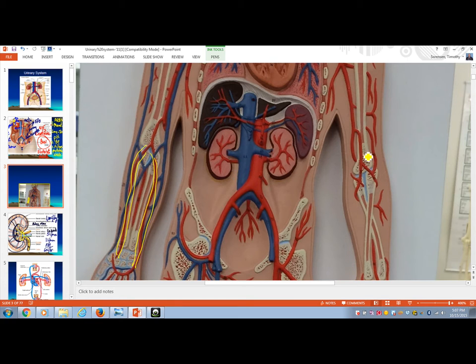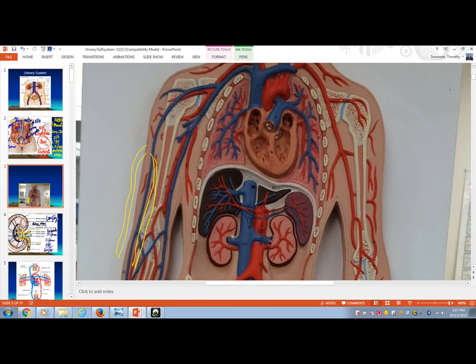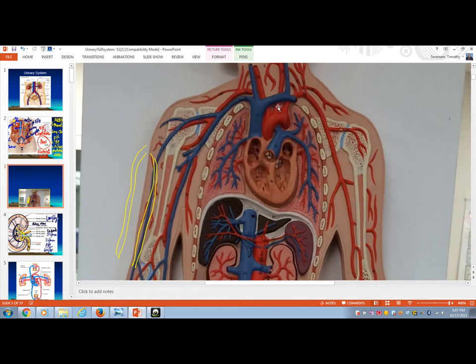Now, we move back up. You have the ascending aorta, arch of the aorta, and then at the back of the heart, not seen, you have the descending aorta.